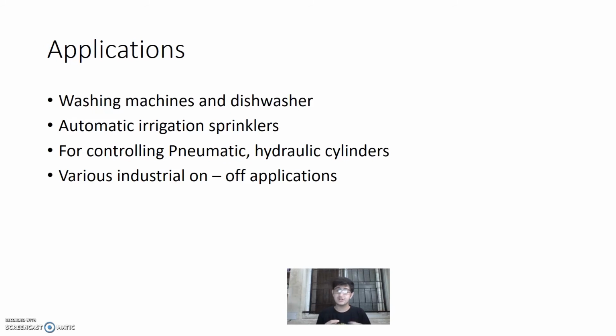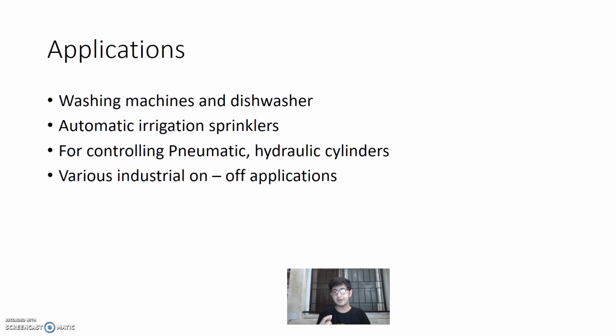But to control double-acting pneumatic or hydraulic cylinders, you definitely need a three-way solenoid valve, to get its stroke open and again to close that stroke. You can just Google what a double-acting pneumatic cylinder is. In a double-acting pneumatic cylinder, they use three-way solenoid valves.